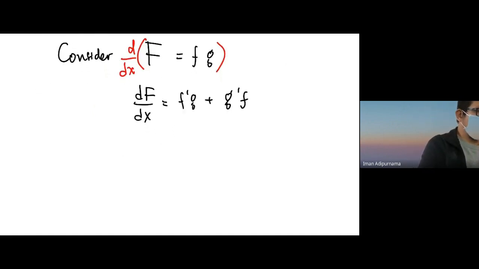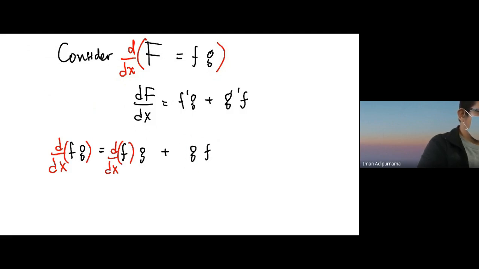Let me write it out: d/dx of fg is equal to d/dx f multiplied by g, plus d/dx g multiplied by f. This is the f prime and g prime.